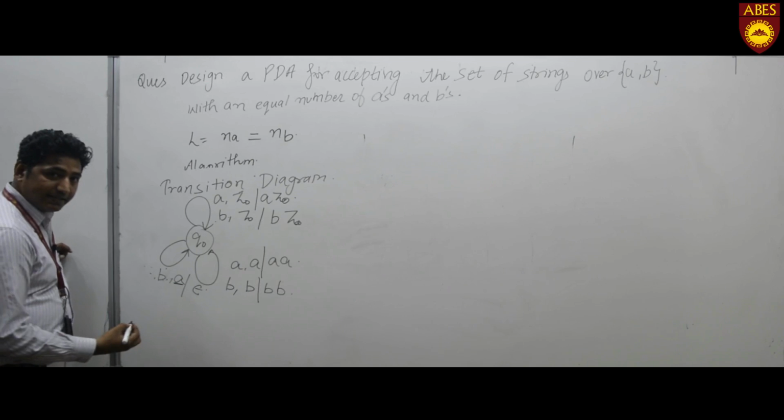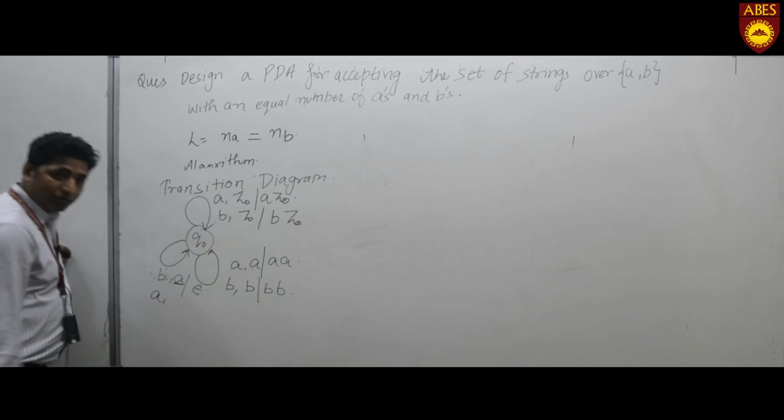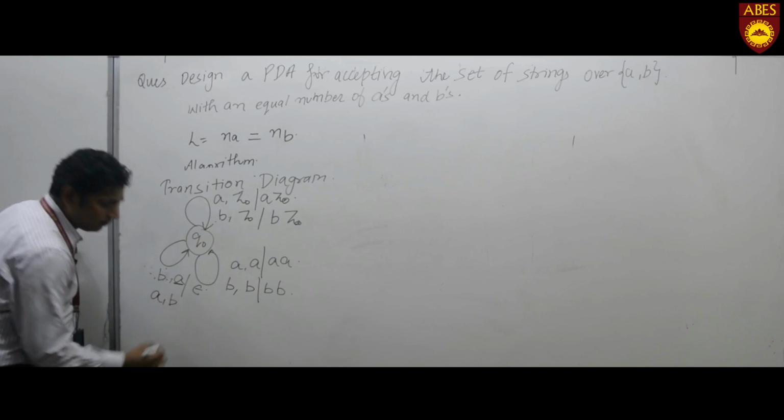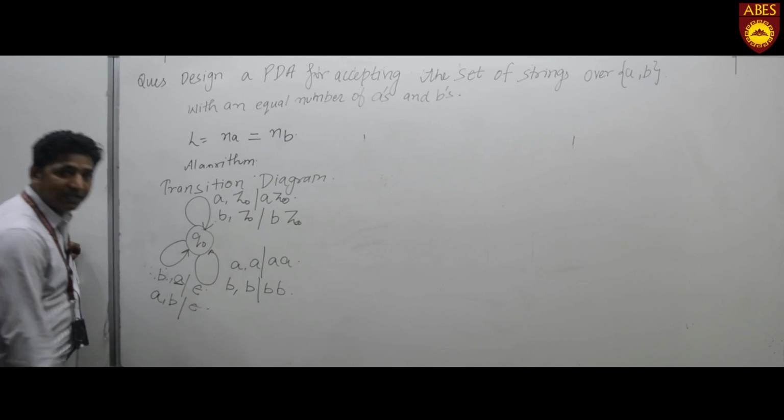Similarly, we can have another case that A is the input symbol and we have B on the stack. So we'll replace this B with epsilon.